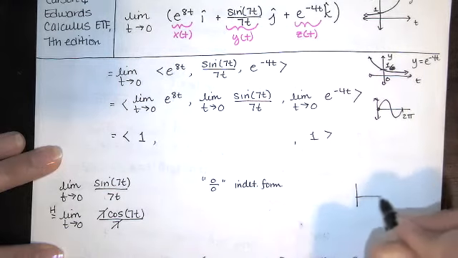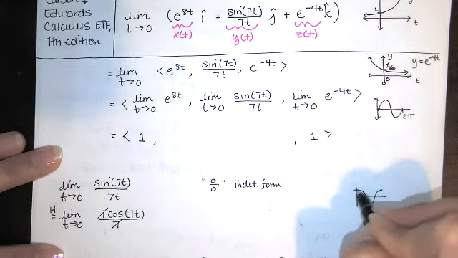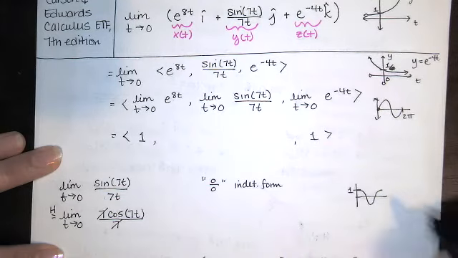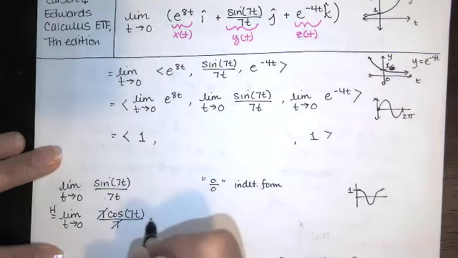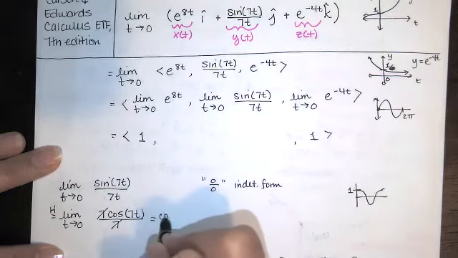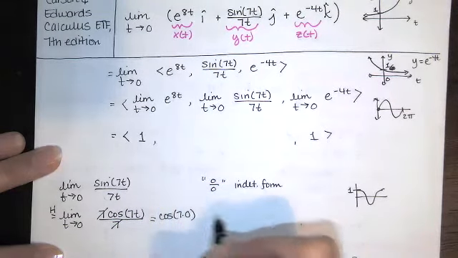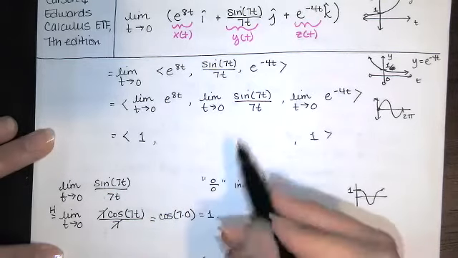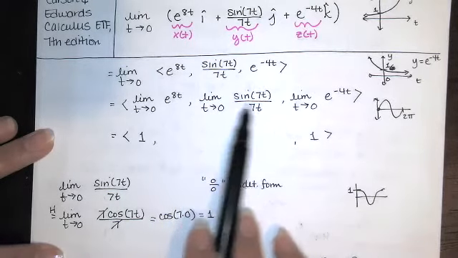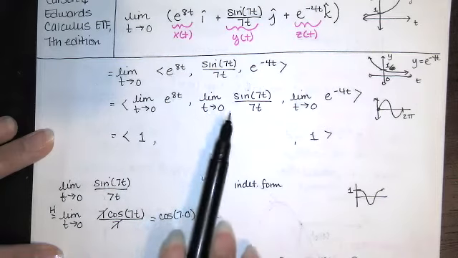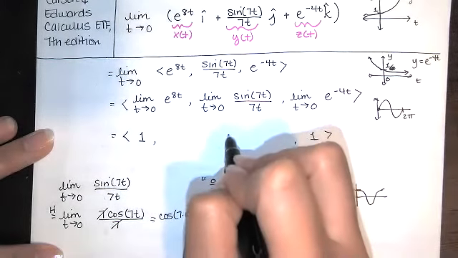Now the cosine graph looks like this. When t equals 0, the cosine function equals 1. And so we get cosine of 7 times 0, or cosine of 0, which is 1. So this 0 over 0 indeterminate form turns out to have a limit of 1.